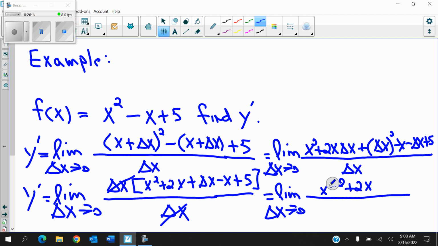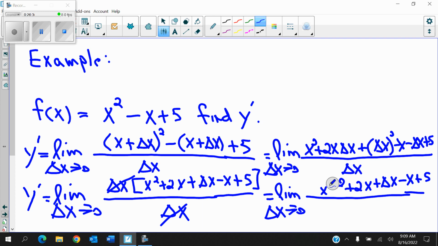That delta x is gone, right? No, we still got that in there. Delta x is still there. Minus x plus 5. And it's no longer over delta x, so that's gone.